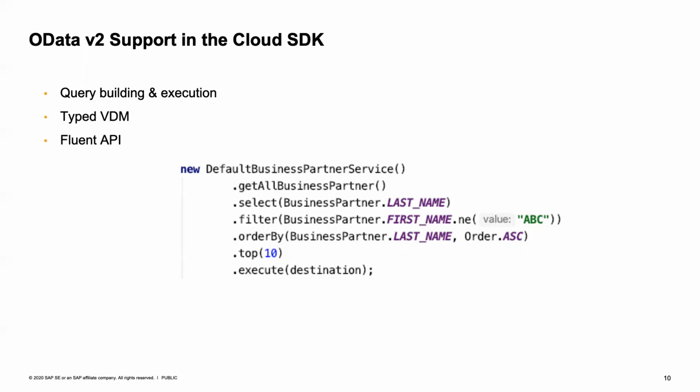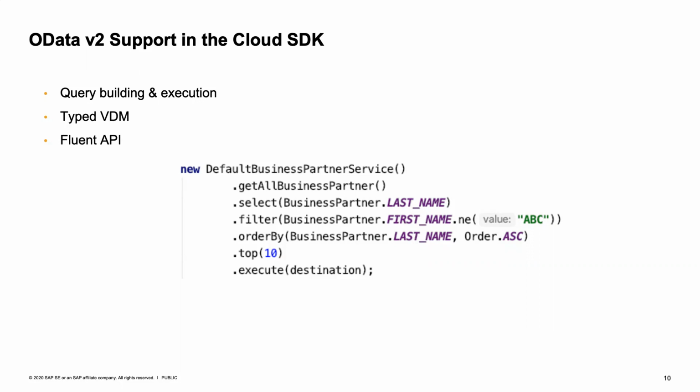That is how a fluent API looks, allowing for type-safe selection, filtering and so forth. In this case, the select statement only accepts fields which belong to the business partner. So it would not allow you to select a sales order on the business partner if that's not a field on this entity.